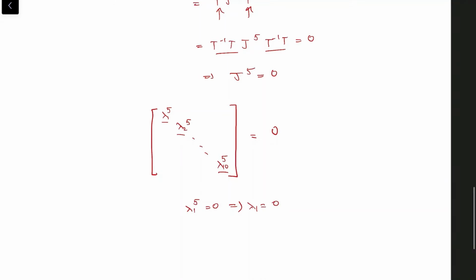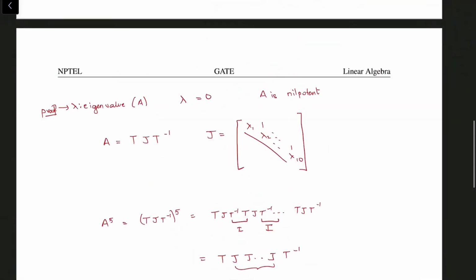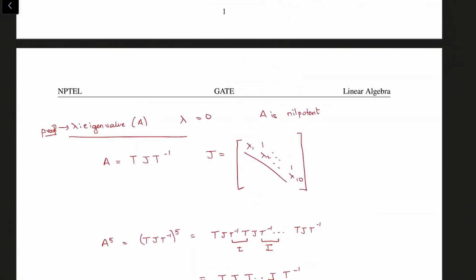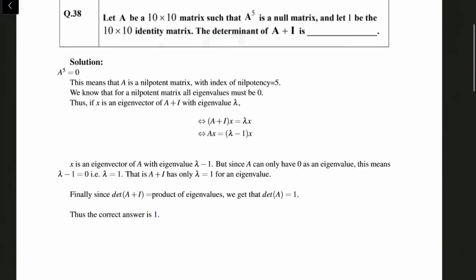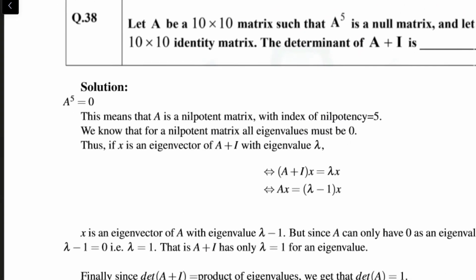Like this we get that for all i, lambda i is equal to 0. So this is the proof of the following statement: if A is nilpotent and lambda is an eigenvalue of A, it must be the case that lambda is equal to 0. Now we'll use this fact to solve this problem. All eigenvalues must be 0.